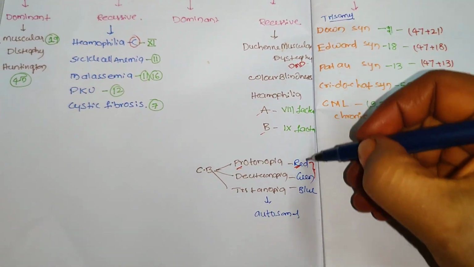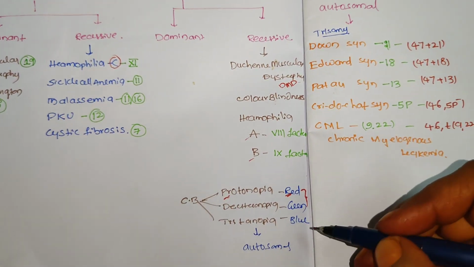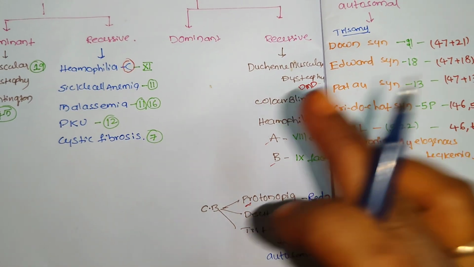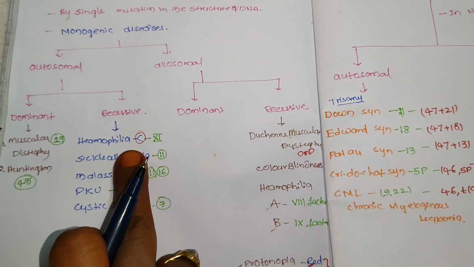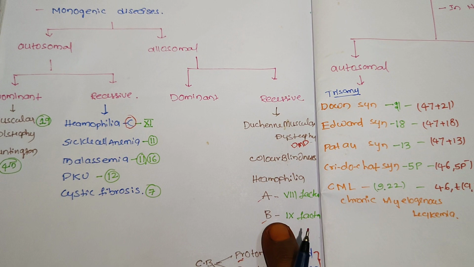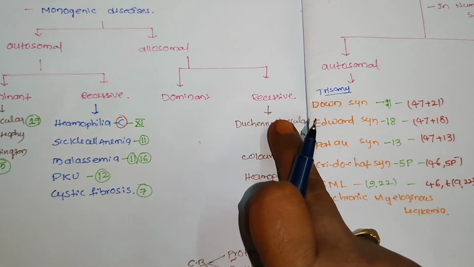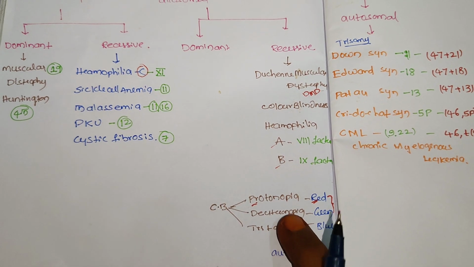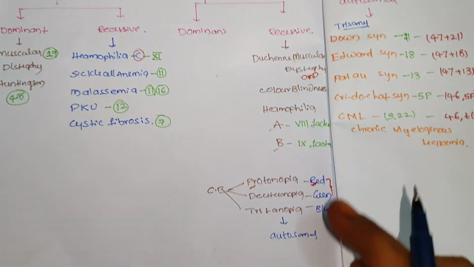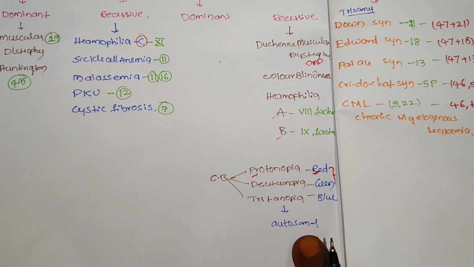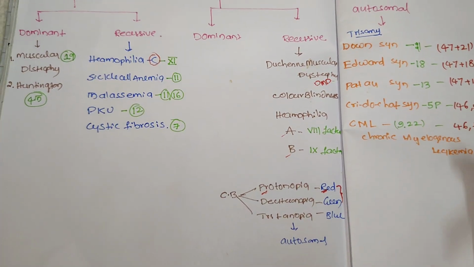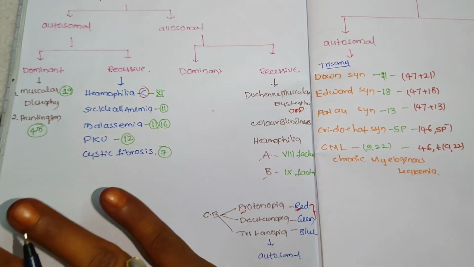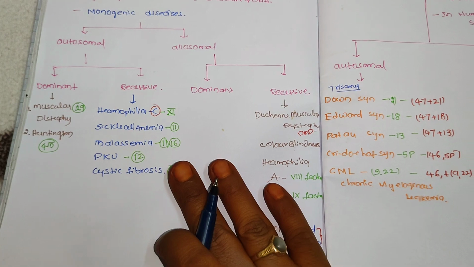These exceptions are going to make an MCQ. So remember: hemophilia C is autosomal, hemophilia A and B are allosomal recessive, color blindness protan and deutan are allosomal recessive, and color blindness tritanopia is autosomal. These are the MCQs, not in the IPE, so you have to remember.